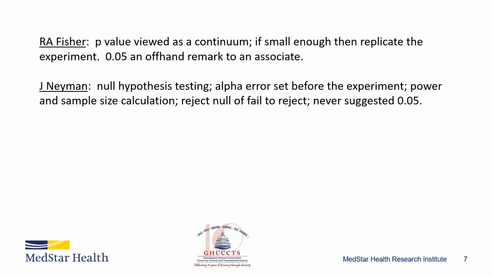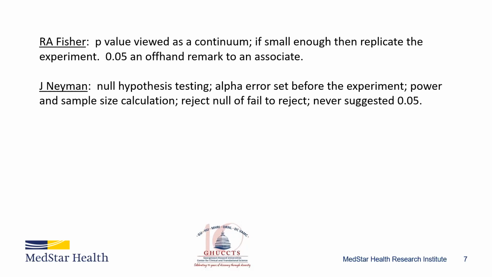When he was analyzing his results, an associate asked him, how do you decide if your hypothesis can be rejected? What's the smallest probability that you would accept from your statistical test? And he said, well, probably 0.05.